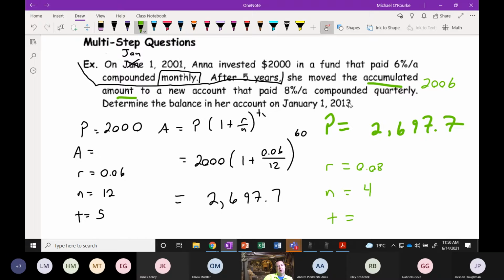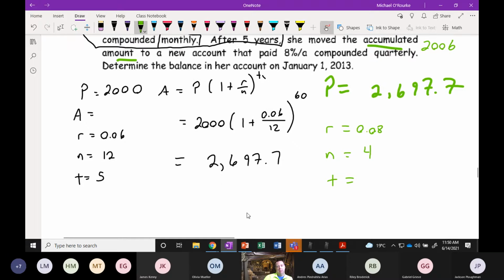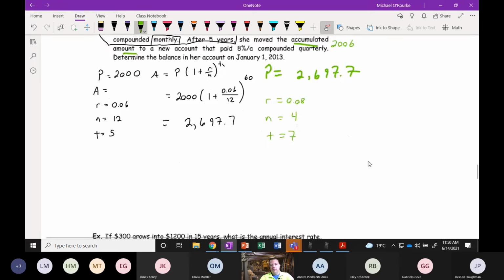How many years until 2013? Good. And then we're going to plug all that into our formula. So we go back. A equals P bracket 1 plus r over n to the power of tn.